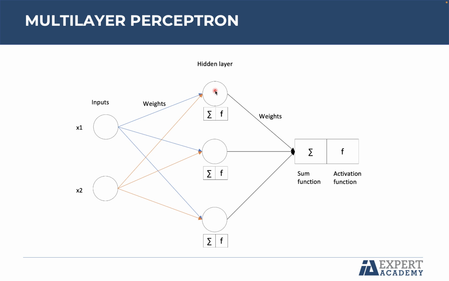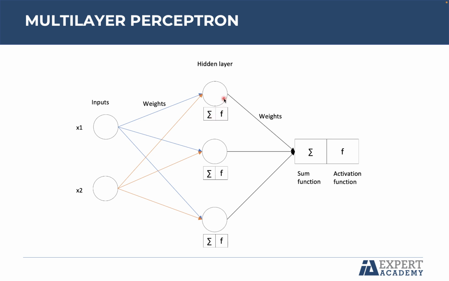For each one of the 3 neurons in the hidden layer, we are going to perform the same calculations as the perceptron. For example, for this first neuron, we will multiply the value of x1 by the weight w1, x2 by w2, apply the sum function and the activation function to have the final value.